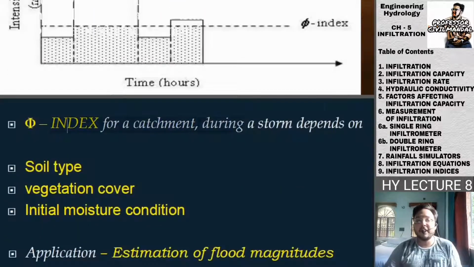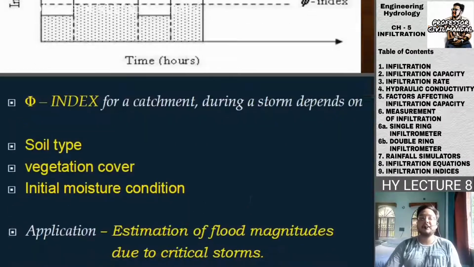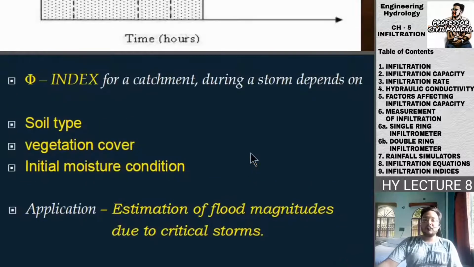Phi index for a catchment during a storm depends on the soil type, vegetation cover, and the initial moisture conditions. The initial moisture condition matters because if a certain amount of moisture is there, not much water will infiltrate through that soil. If it is a dry soil, some more amount can be infiltrated, so the chance of flood will be lesser.